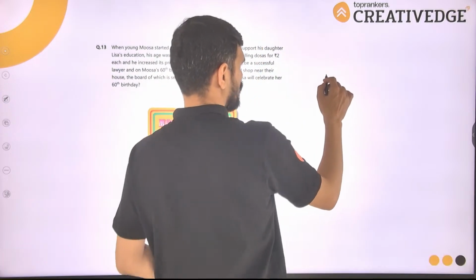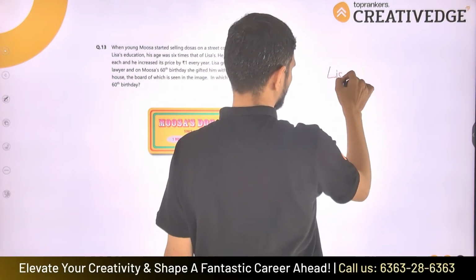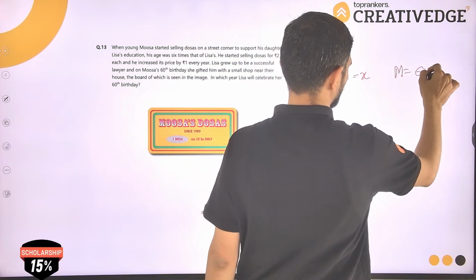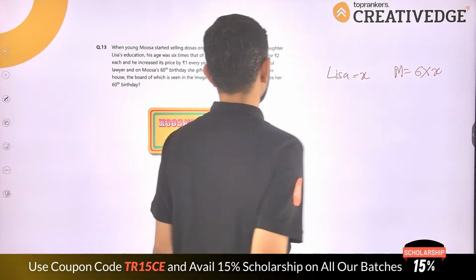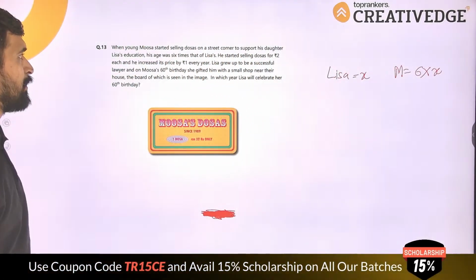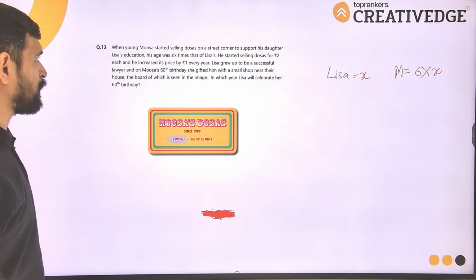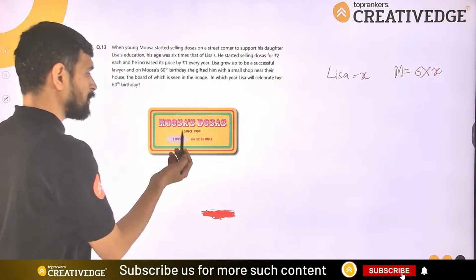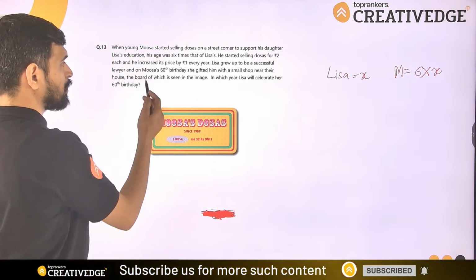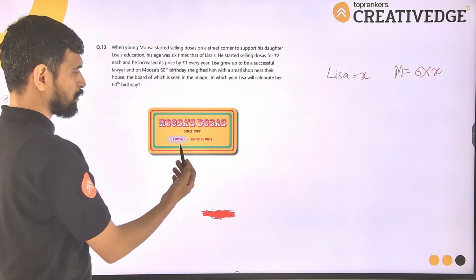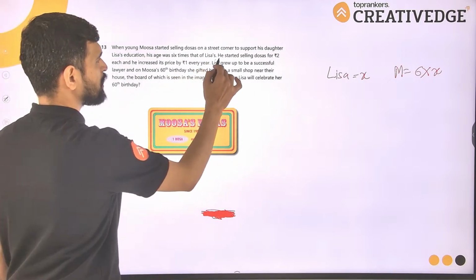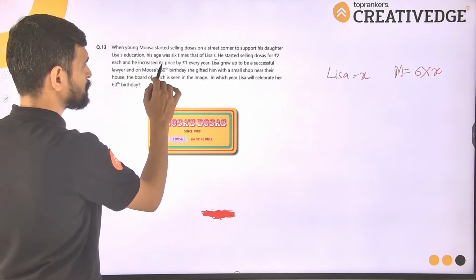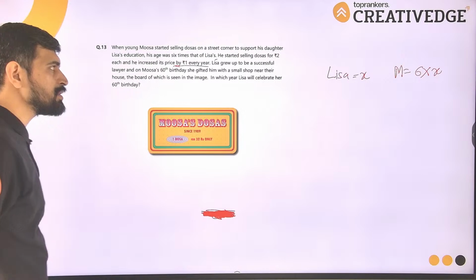So say Lisa का age was X years, तो Musa का age was 6 times of X. When he started selling dosa for rupees 2, and that was year 1989. थोड़ा सा आप आगे आकर के बात करेंगे, क्वेश्चन में क्लियरली दिखने लगता है, राइट? So he started selling dosas for rupees 2 each, and he increased its price by rupees 1 each year.